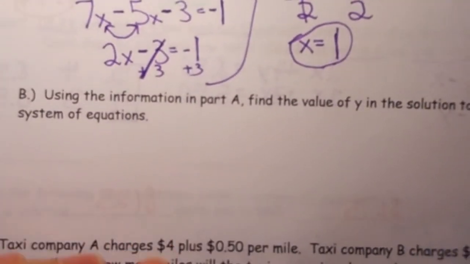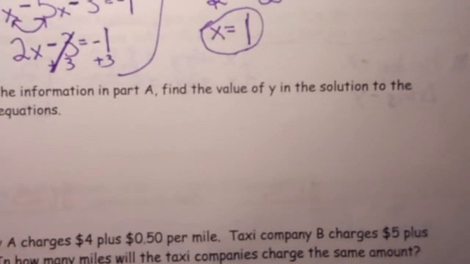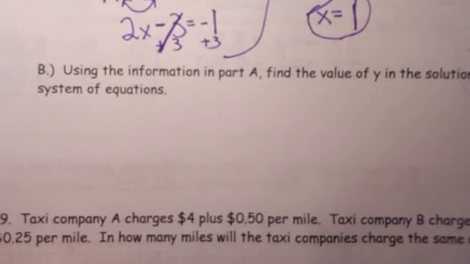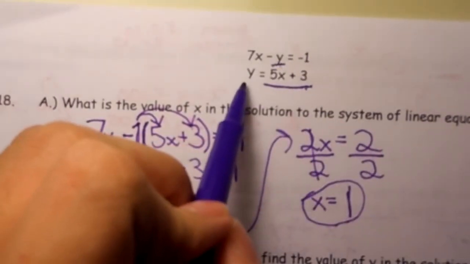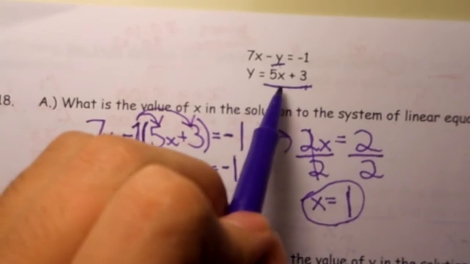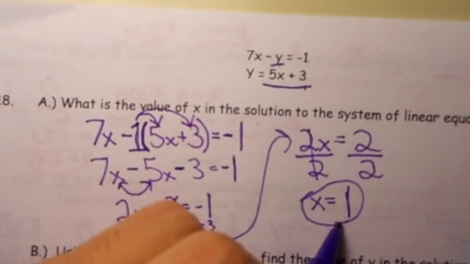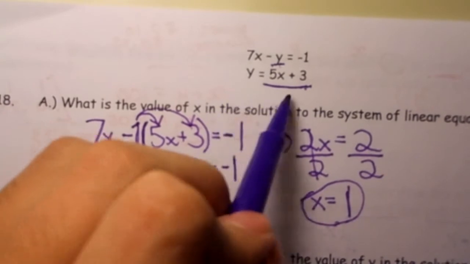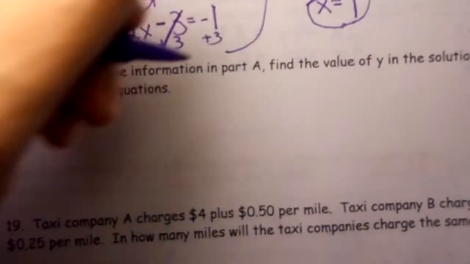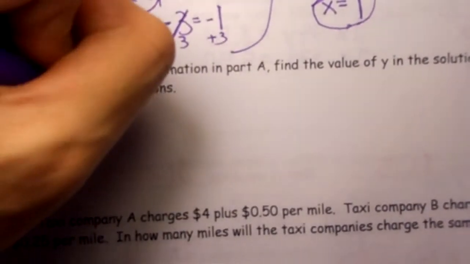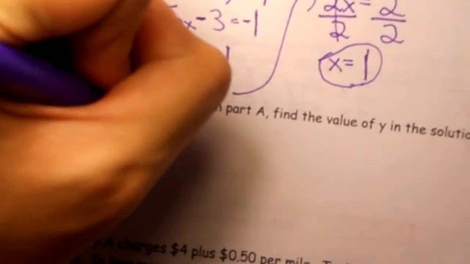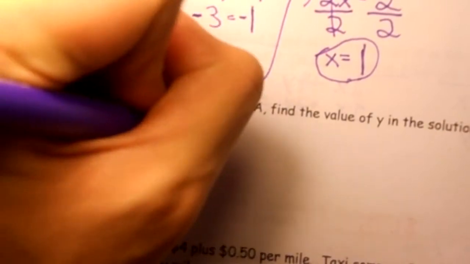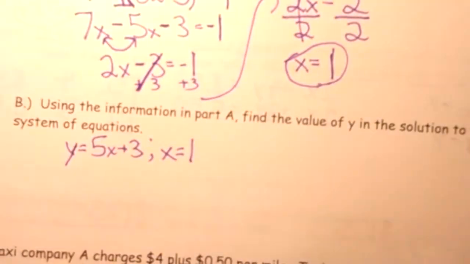Now, part B, using the information found in part A, find the value of y in the solution to the system of equations. We'll take a look up here. We have an equation that's solved for y already, and we have an x value, which is 1. So let's take this equation, y equals 5x plus 3. I'm just rewriting it. And we know that x equals 1.